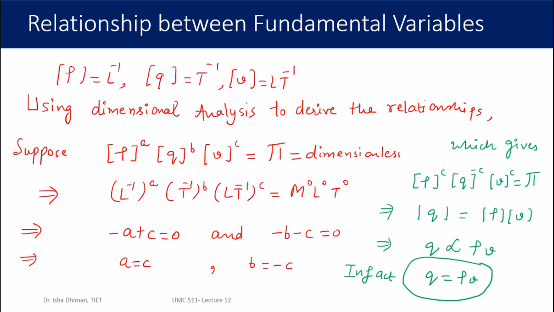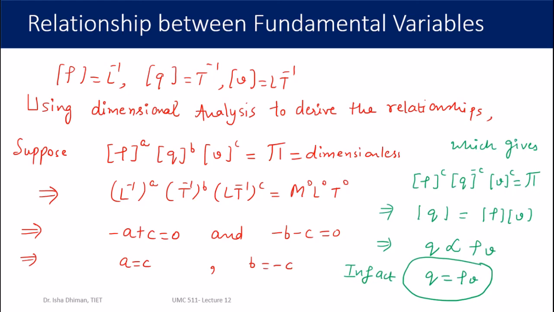But we know from experiments that Q is exactly equal to rho into V. Because dimensional analysis has a limitation, it does not tell you the exact relationship, as a constant of proportionality can be there when you replace the sign of proportionality with equality. But from experimental data or from observations, we know that this is exactly equal.